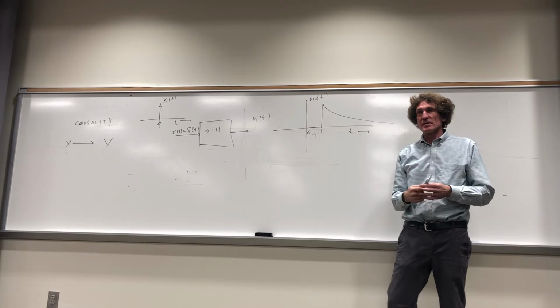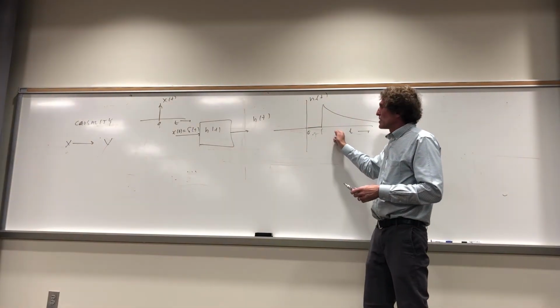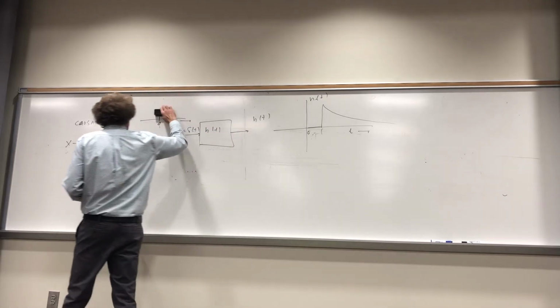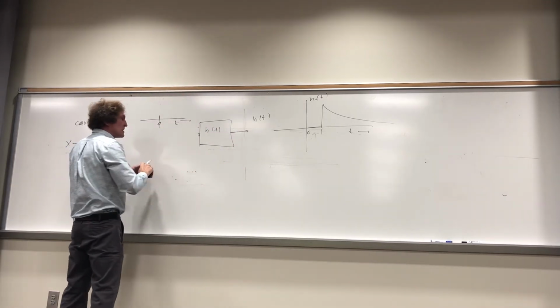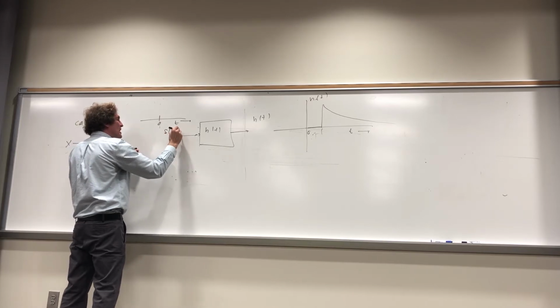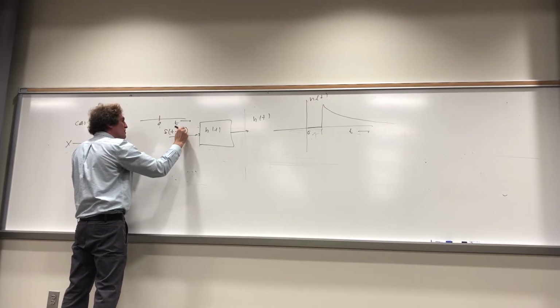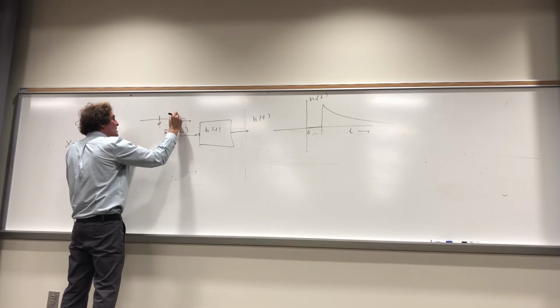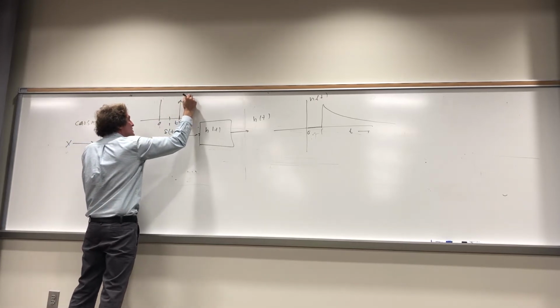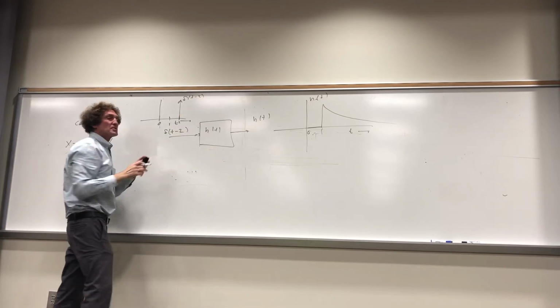Now keep watching. But what if this output occurred and the input was not delta t? Let's say I got that same output, but for an input of delta of t minus 2. Well, that means 1, 2. Now the delta function right here, delta of t minus 2, starts at 2, correct?